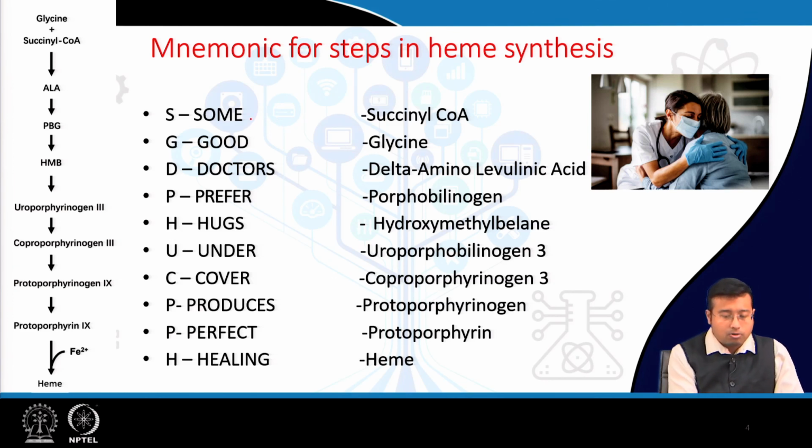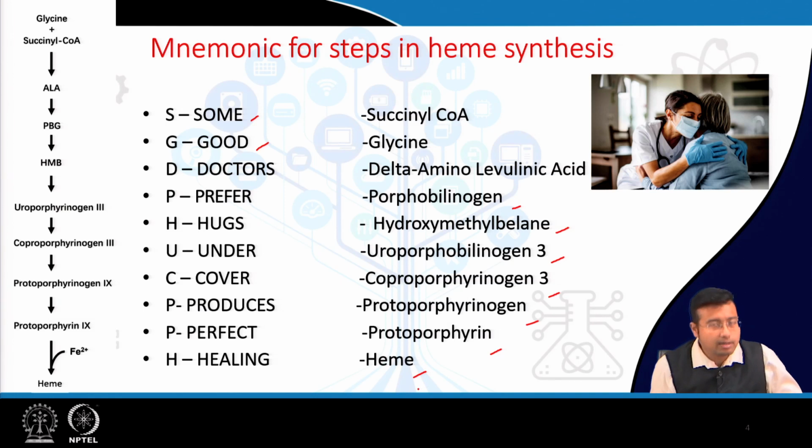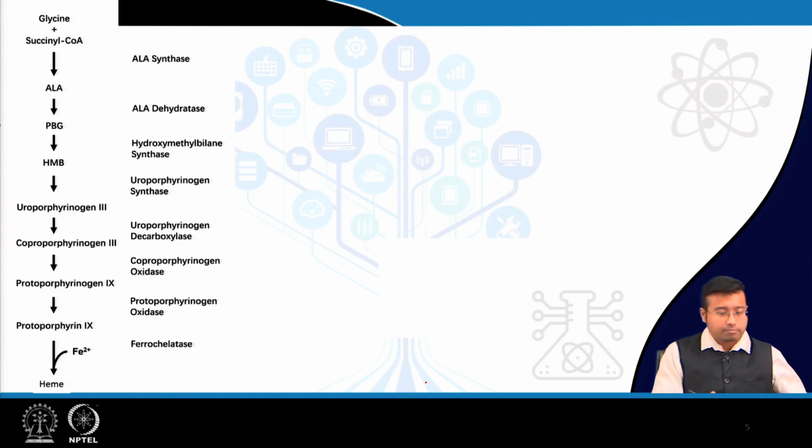So, succinyl CoA, glycine, delta amino levulinic acid or ALA, then porphobilinogen, the first linear tetrapyrrole hydroxymethylbilane, uroporphyrinogen 3, coproporphyrinogen 3, protoporphyrinogen 9, then protoporphyrin 9 followed by heme. It is a very good way to remember if you are struggling. But if you have been able to memorize and remember, I applaud you.